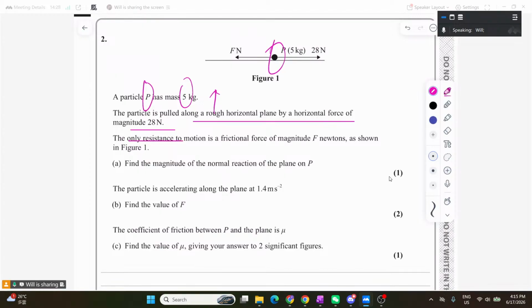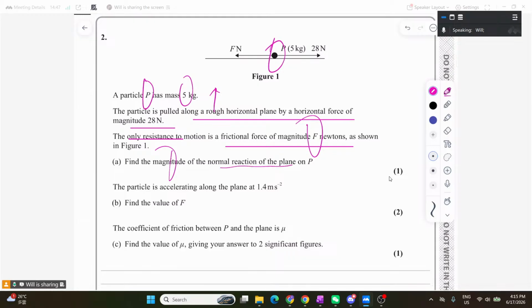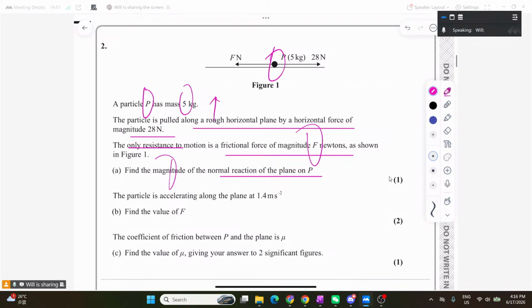The only resistance to the motion is the friction force. First one: find the magnitude of the normal reaction of the plane. Do they understand this one?